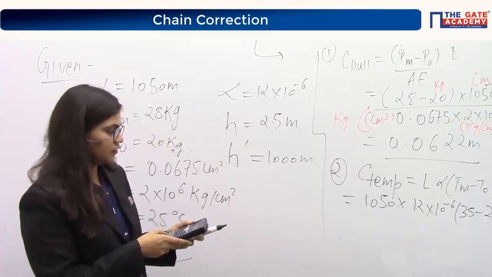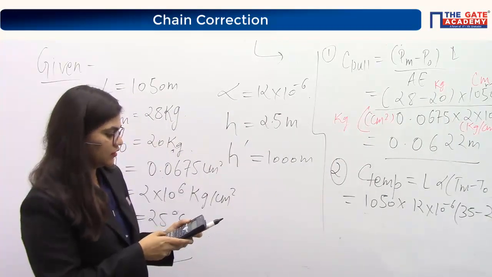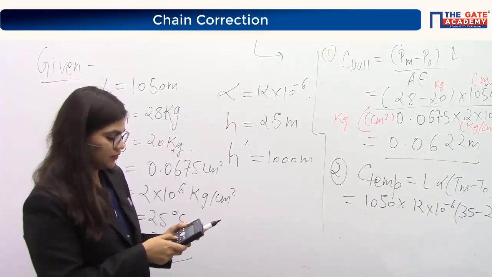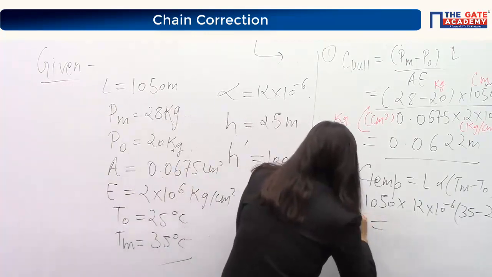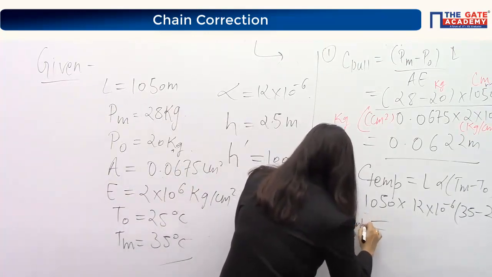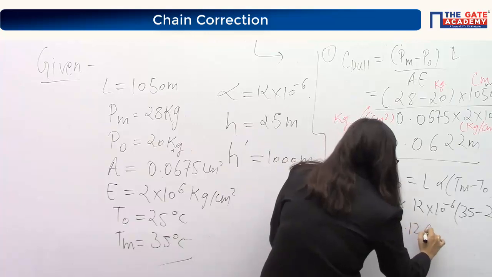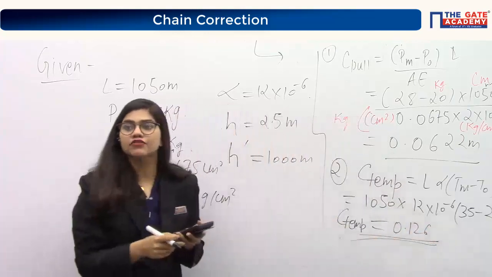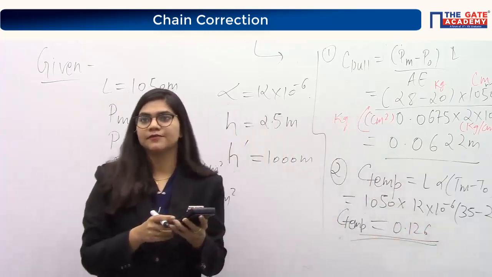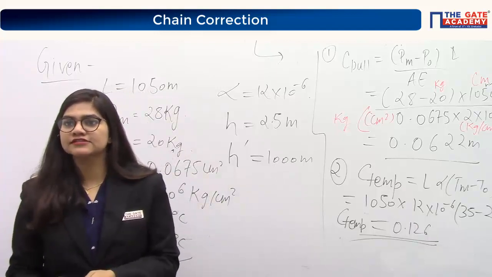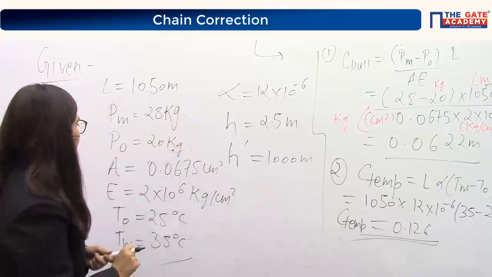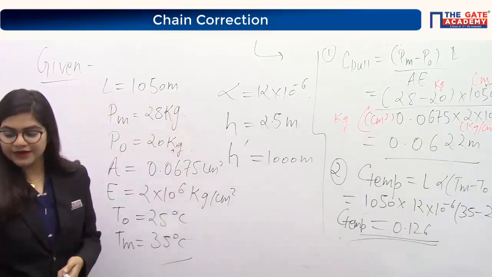So temperature is (35 minus 25) into 1050 into 12 into 10 to the power minus 6. It is coming out to be 0.126. Yes, Varsha, it is correct. Here C pull is correct, C temperature is correct. CR, just calculate CR.